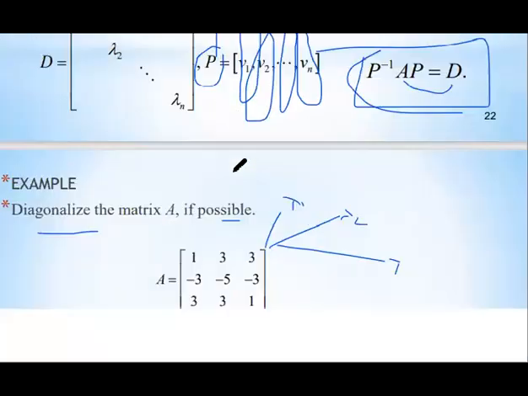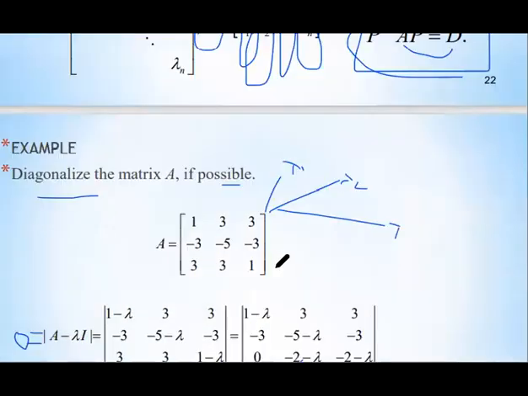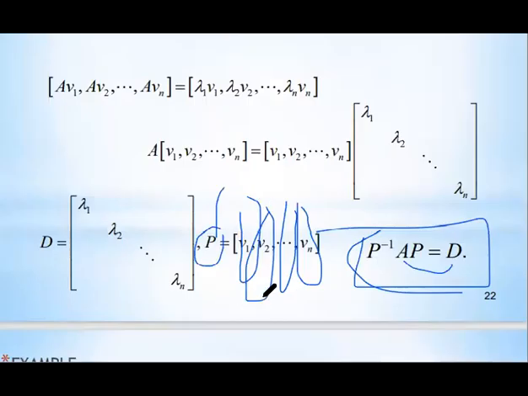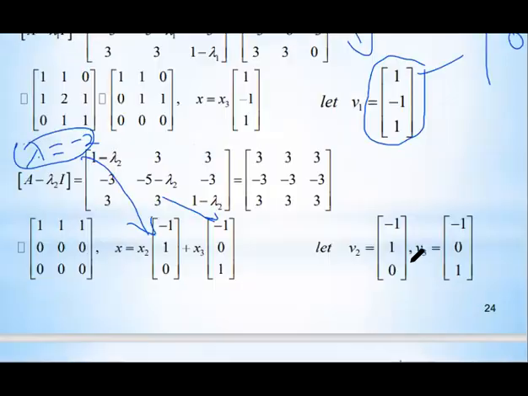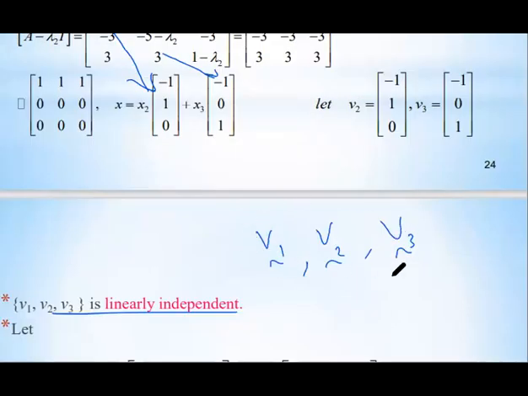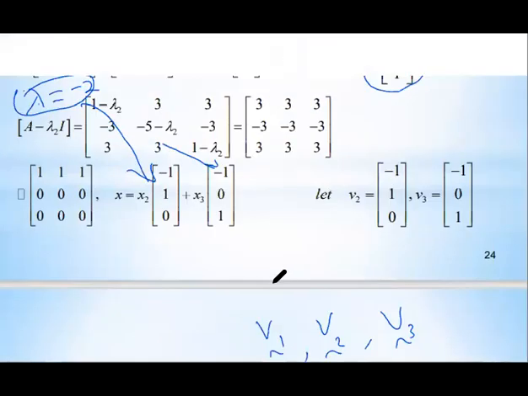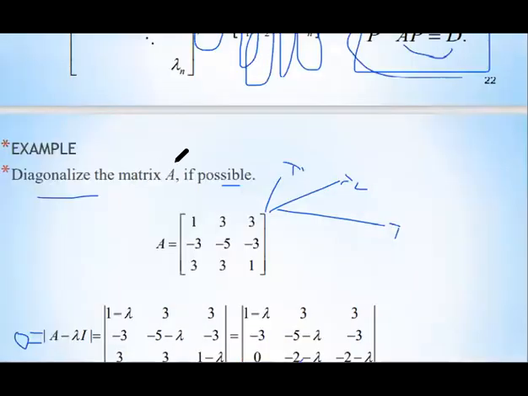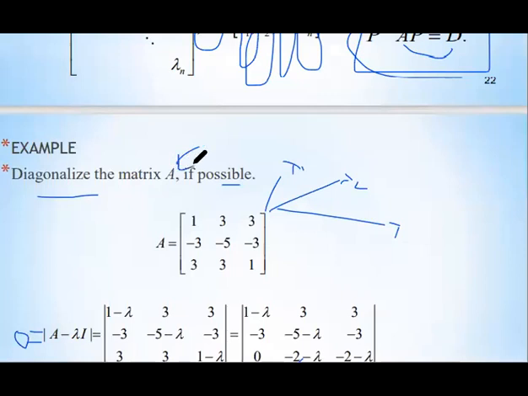This is a 3 by 3 matrix, and you found three linearly independent eigenvectors. Therefore, this can be written as follows.